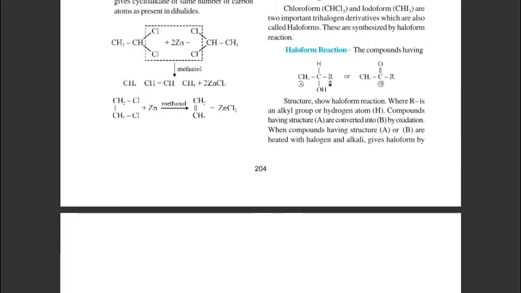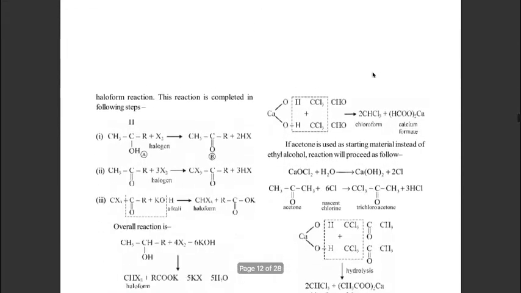So it may be alkyl or it may be hydrogen. If it is hydrogen, in this case structure B, then it is an aldehyde, and if it is R, then it is a ketone. That means the haloform reaction is shown by alcohols and aldehydes and ketones.